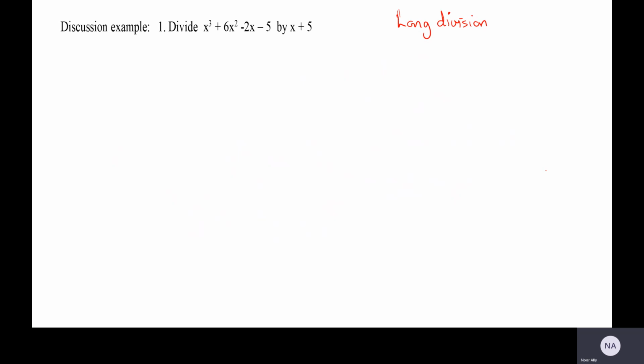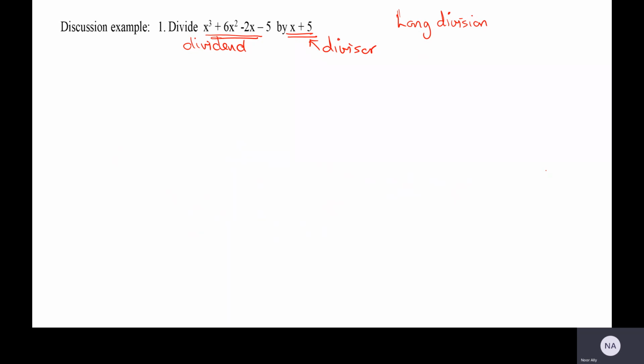So long division. Now, how do we go about doing long division for polynomials? So there's my polynomial. That's my divisor. I can call that polynomial the dividend. And this is my divisor. Dividend and divisor.